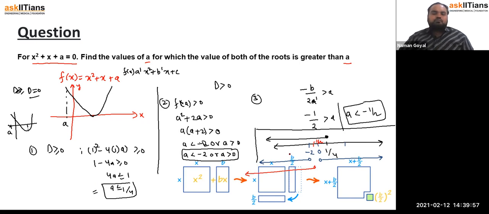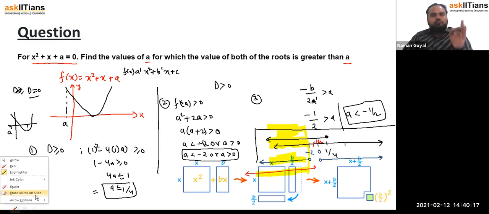Now if you see, intersection means what? We have to take the part which is common in all the three conditions. So if you see here, this area up to minus 2 also comes in the black part, also comes in the blue part, and also comes in the red part. So our answer is what? x belongs to minus infinity to minus 2. This is our final answer.